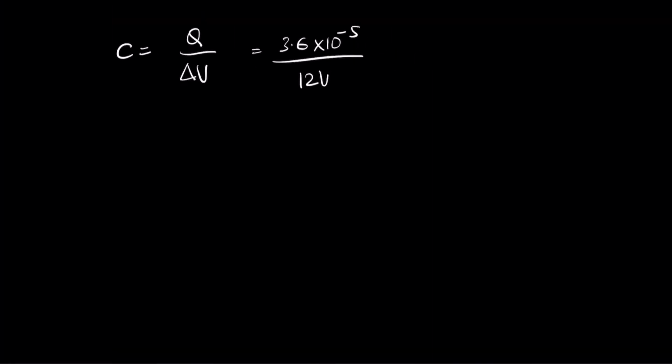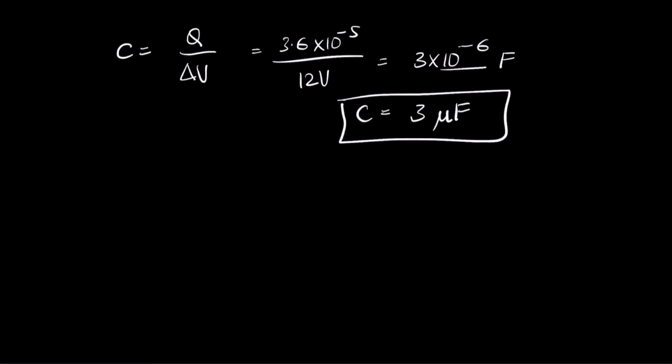If you calculate, 3.6 divided by 12 becomes 0.3, so this value entirely becomes 3 times 10 to the power negative 6 farad. When you have negative 6, it's micro, so it becomes 3 microfarad. So capacitance is 3 microfarad.